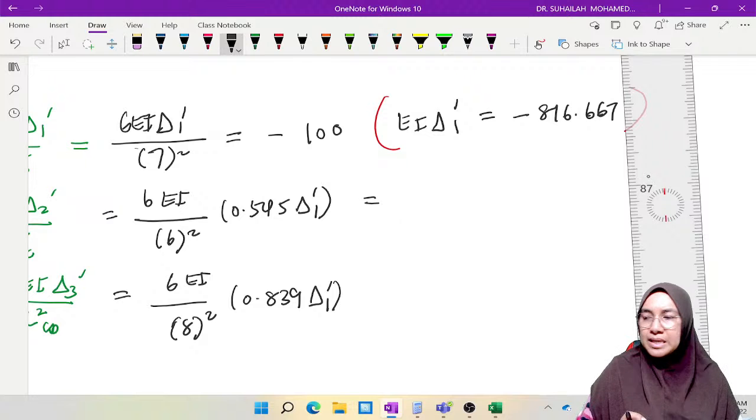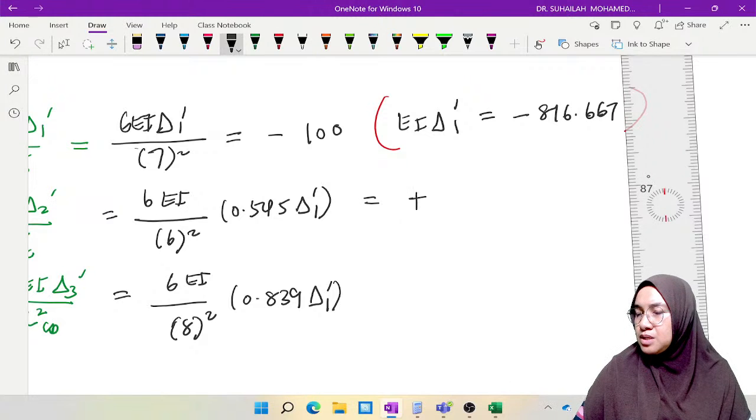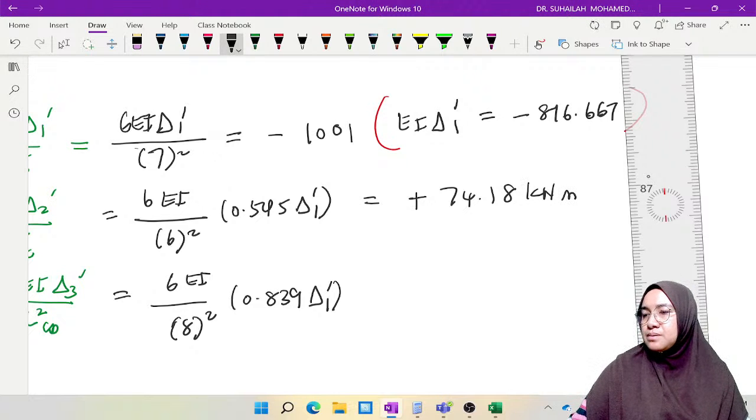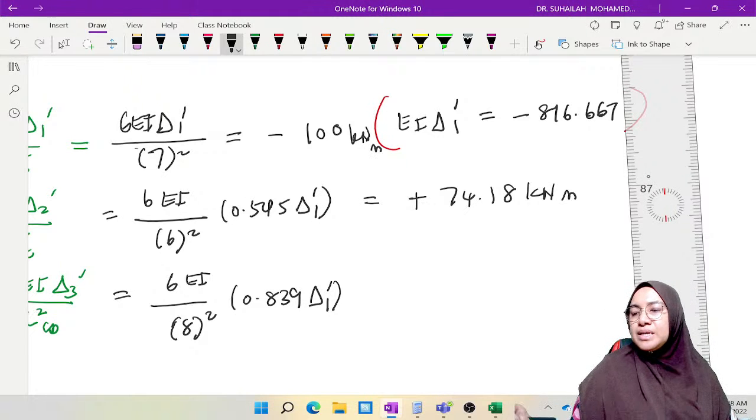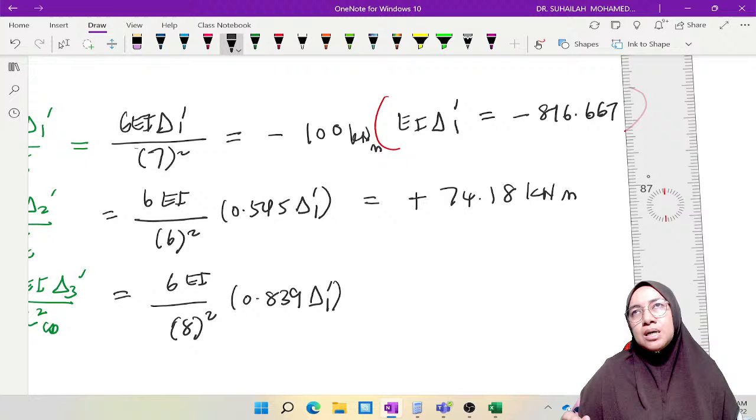So we get 74.18 kilonewton meter. So this is the FEM for member BC.